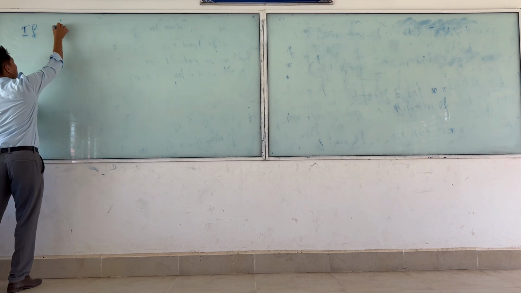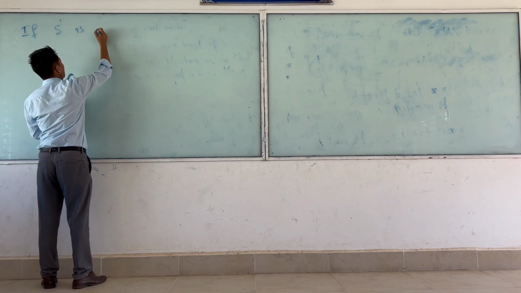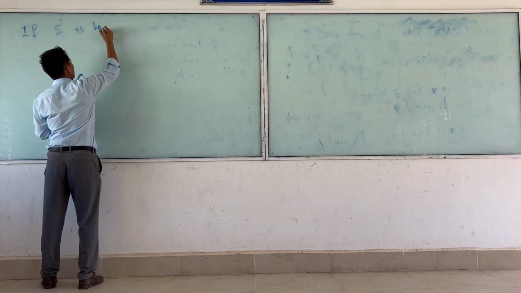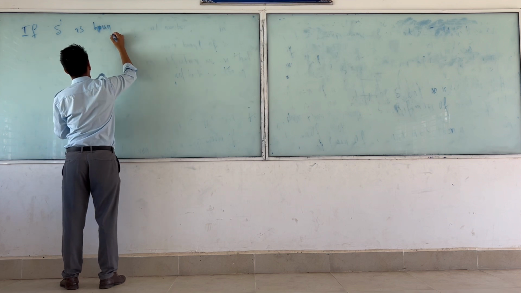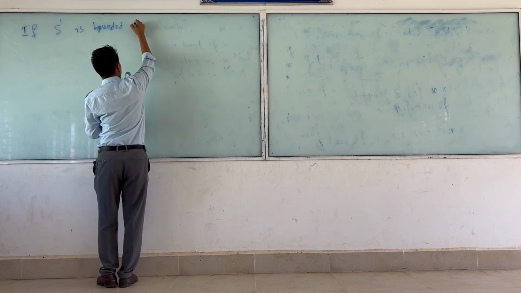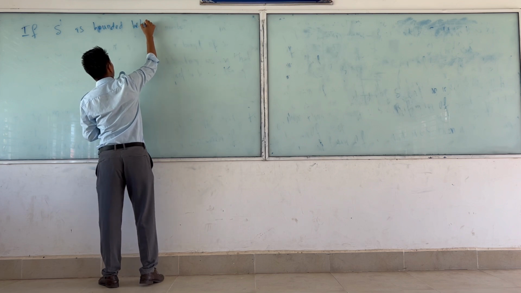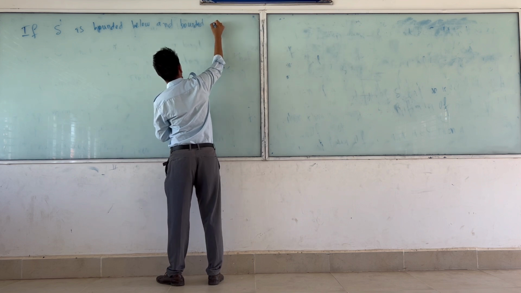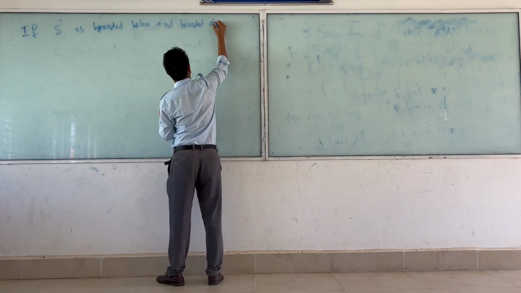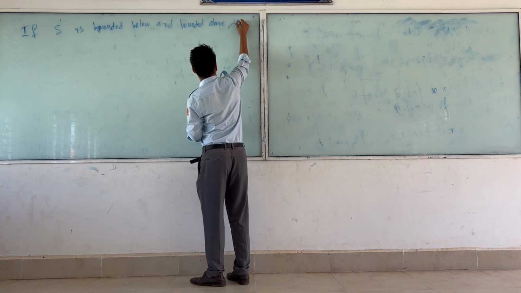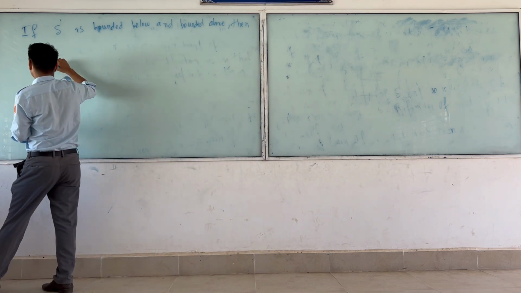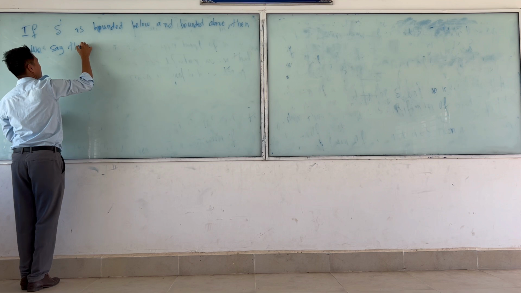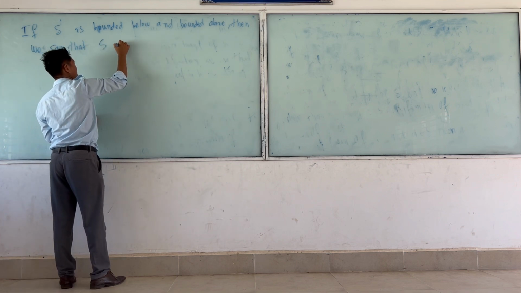As I told you, if S is bounded below and bounded above, then we say that S is bounded.